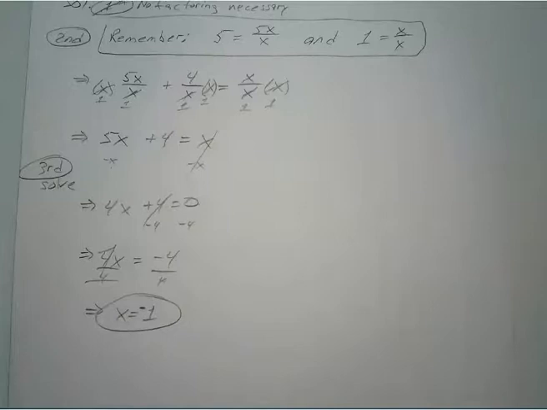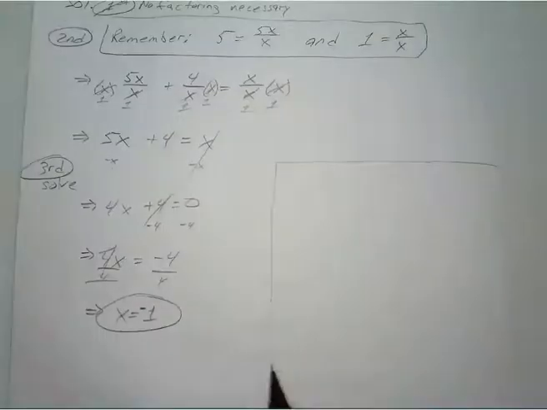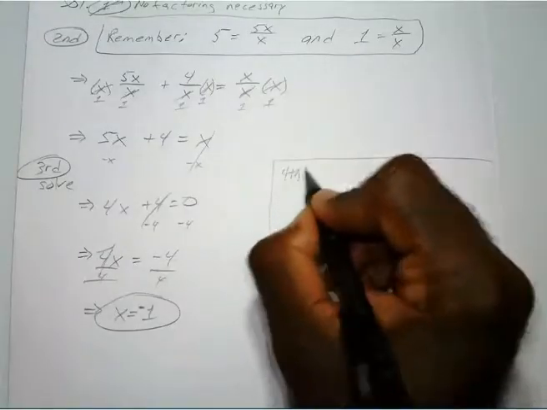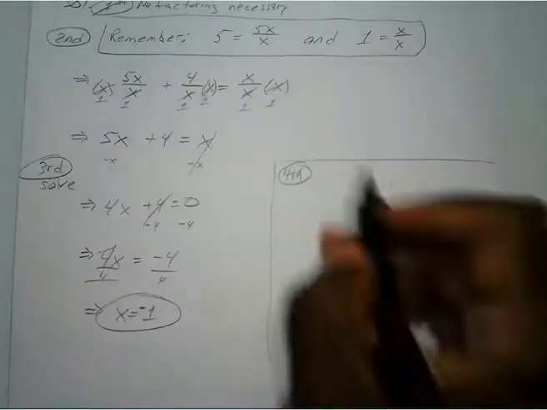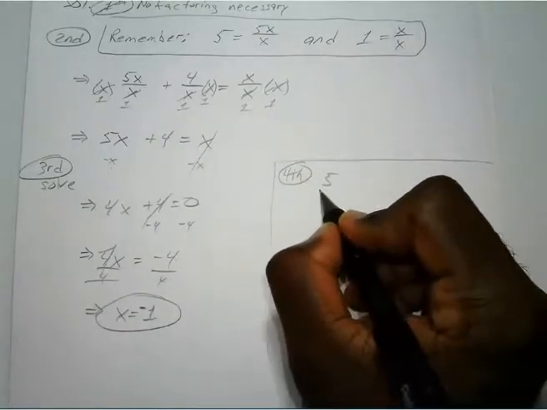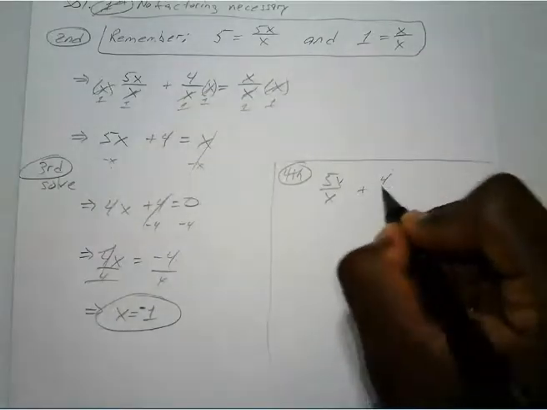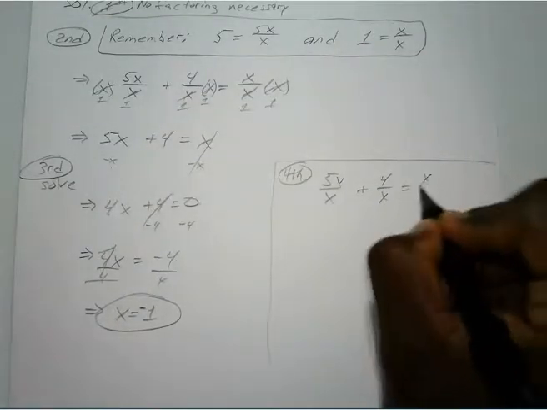Okay, now remember, you still have one more step. And that's where a lot of mistakes are made. So you want to respect that last step. So you have 5 over x, or 5x over x, plus 4 over x equals x over x.